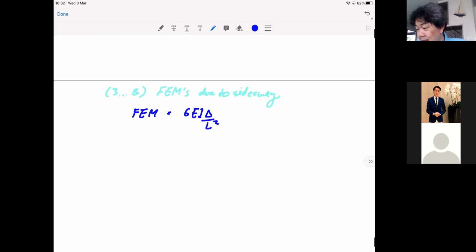But I can arrange this by using K equal to I over L, right? So I move one L to be with I. So I have 6EK and then delta over L, right?